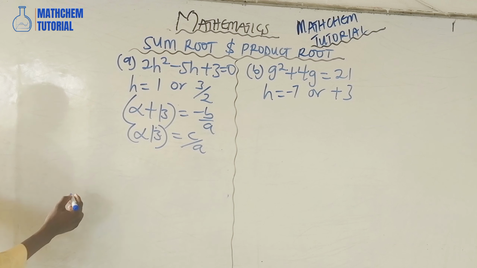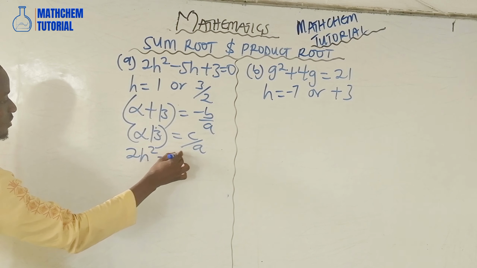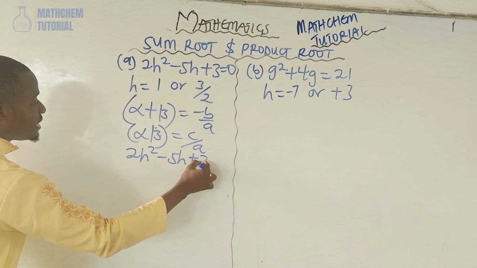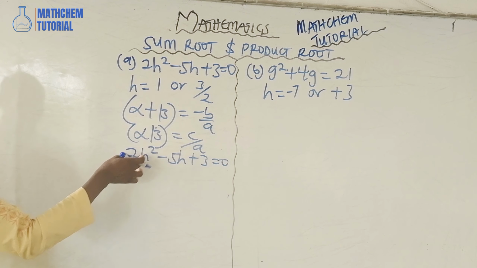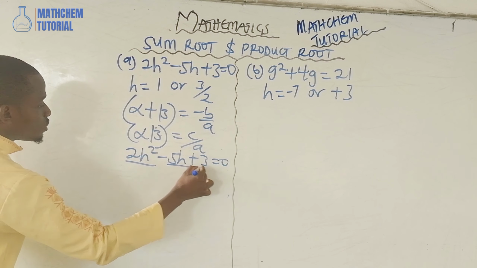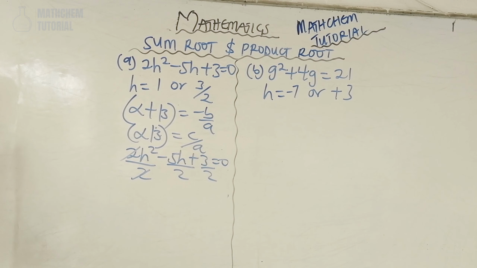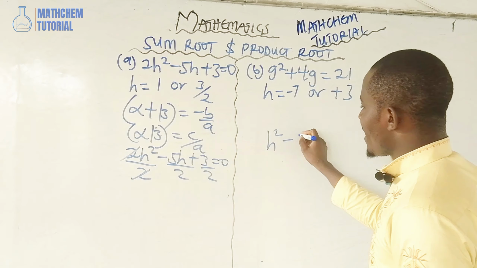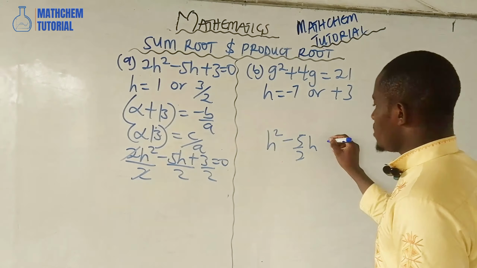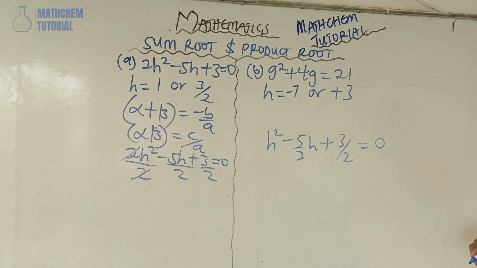It is by following these steps, by saying 2h squared minus 5h plus 3 equals 0. Divide through by the coefficient of h squared, which is what? 2. 2 cancels 2. So we are left with h squared minus 5 over 2 h plus 3 over 2 equals 0.